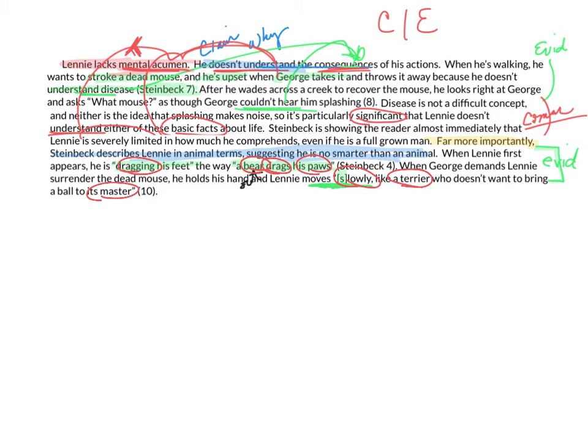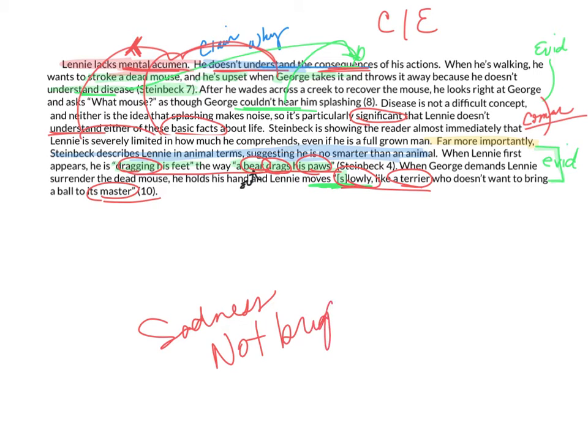Well, I think it's going to be pretty clear here that the emotional result of these particular words is you have this sense of sadness. You have this sense that he is really, he's not bright. Certainly, these are not animals that are well known for their intelligence.